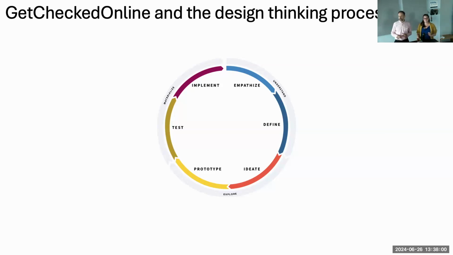So I'm going to talk about the process of how Get Checked Online came to be, and I'm going to look at it through the lens of this design thinking process, looking at this diagram with the 6 stages that we're familiar with. And I should say, when Get Checked Online started, it started before I was even involved, and we weren't saying we're going to use design thinking methodology to make this happen.